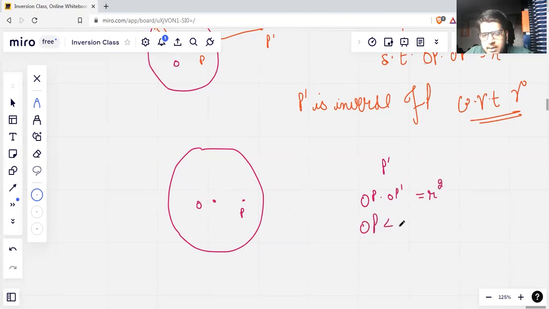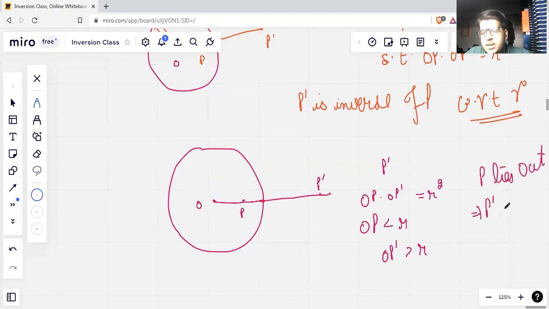Since OP is less than R, because P lies inside the circle, and this distance is R, we get OP dash should be greater than R. It means P dash lies outside the circle. Similarly, you can show if P lies outside, then P dash lies inside.